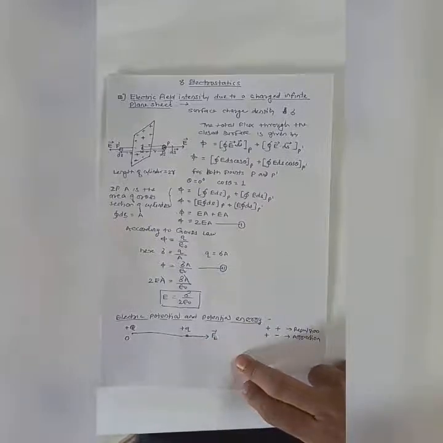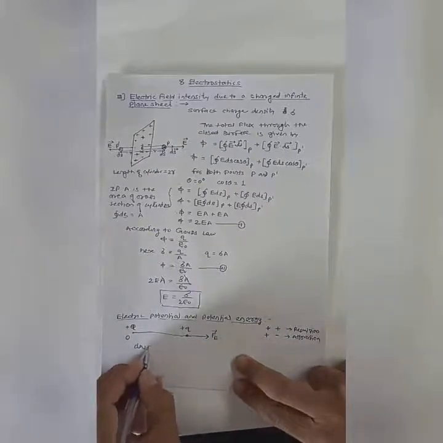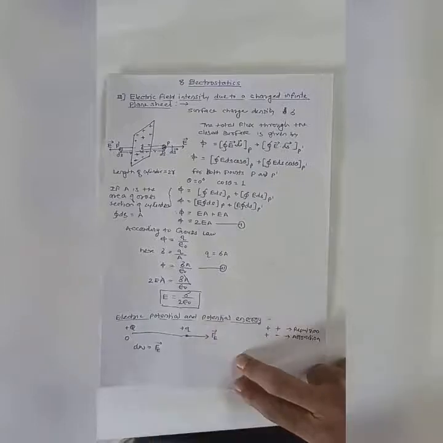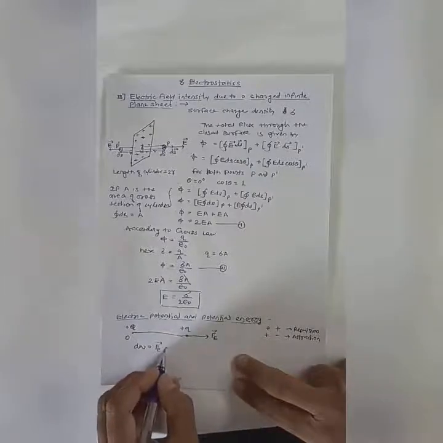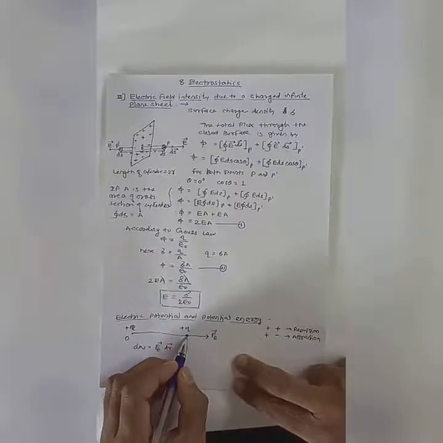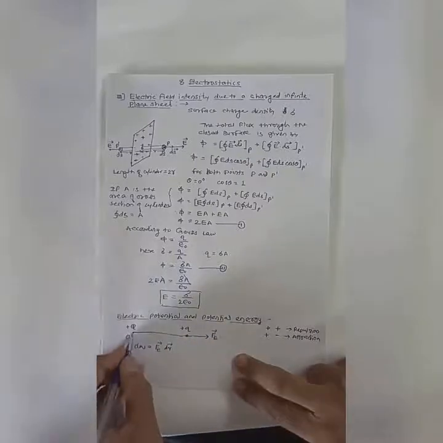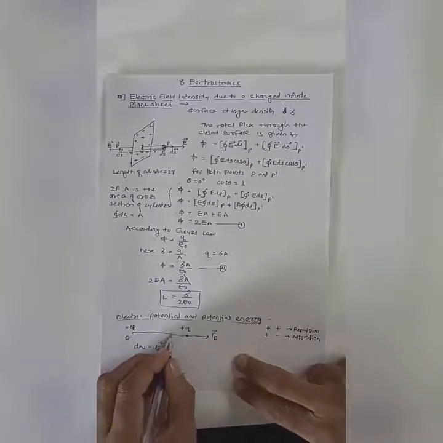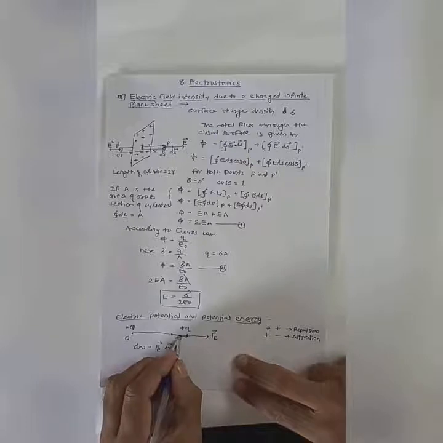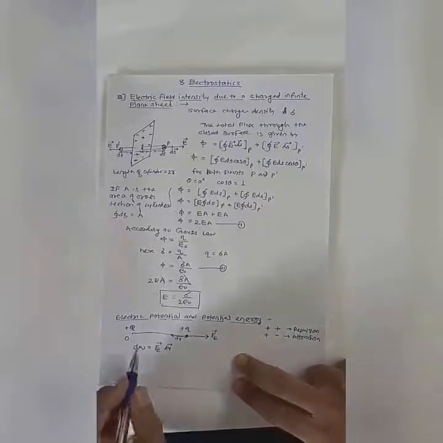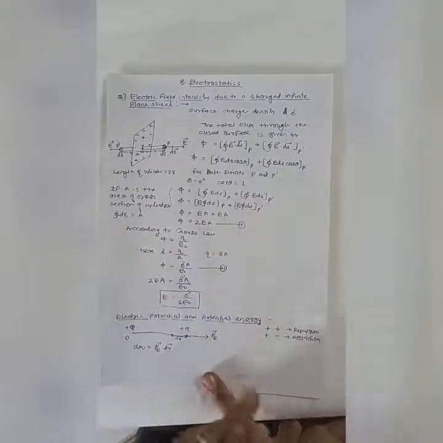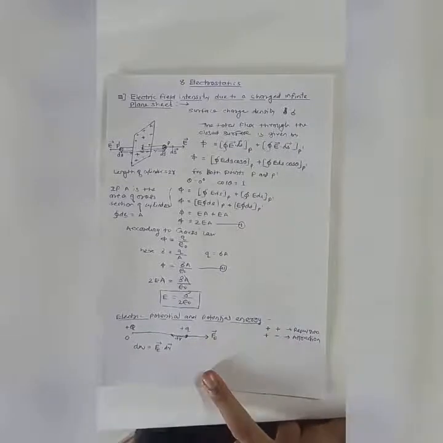This work done is equal to the product of electrostatic force and a very small displacement, say dr, because this charge will move towards the point O. So work done is equal to the product of electrostatic force and displacement.